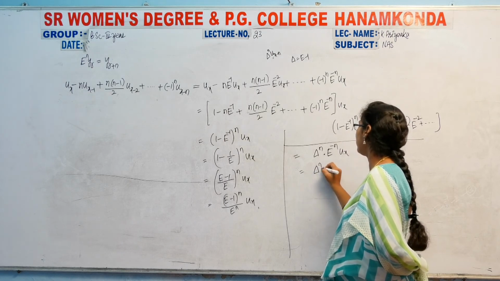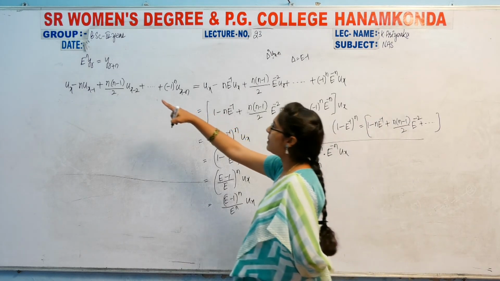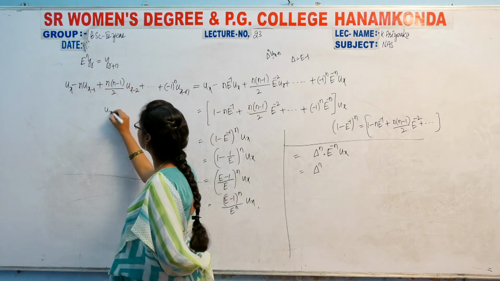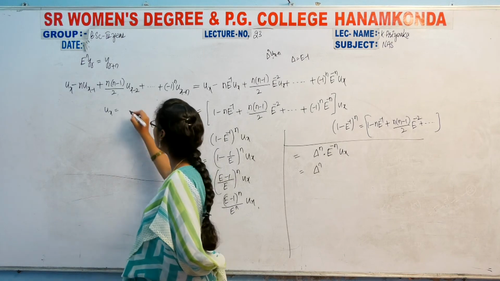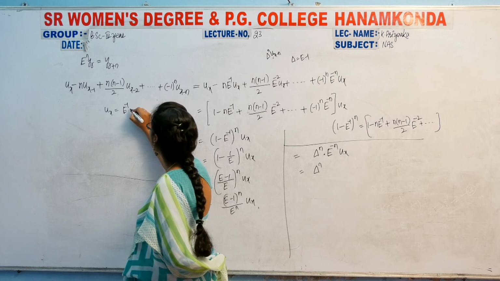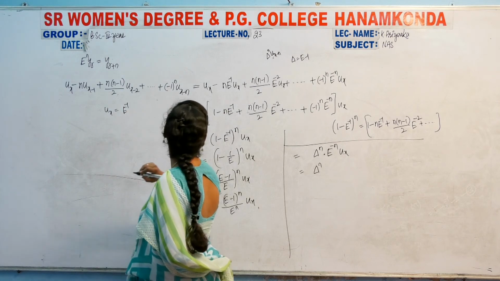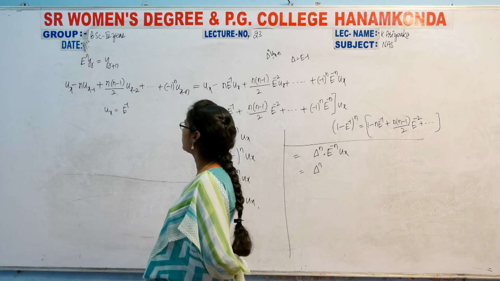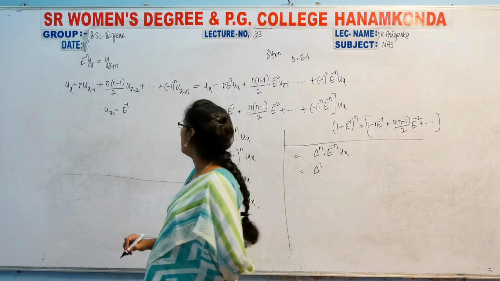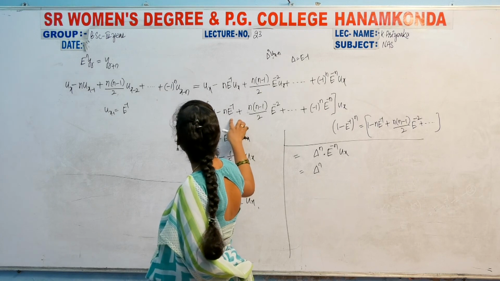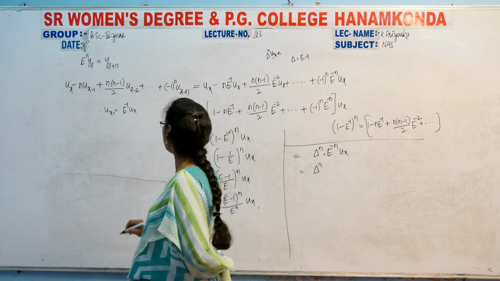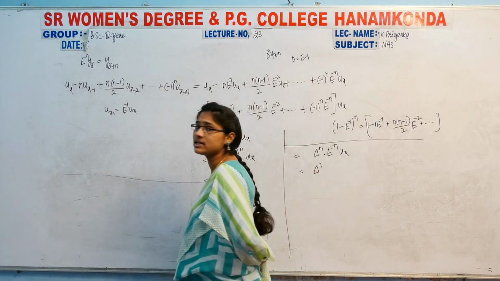Now del power n, and we know that e power minus n, what we get in the previous one, we consider that ux minus 1 is nothing but e power minus 1 into ux. Now here I have e power minus n.